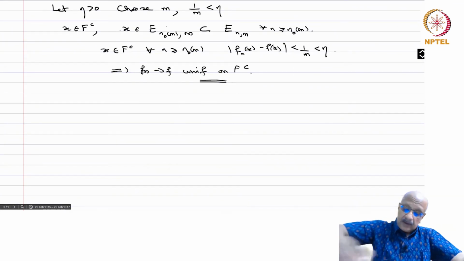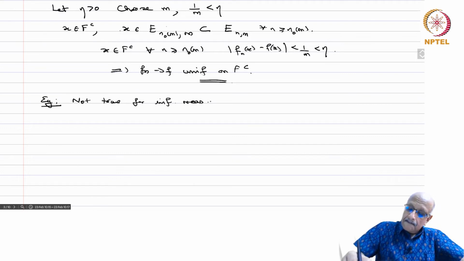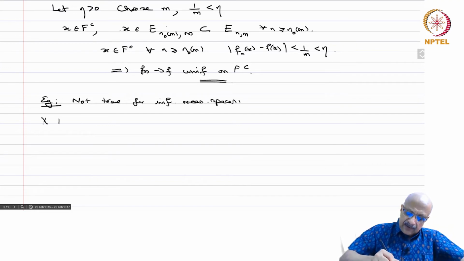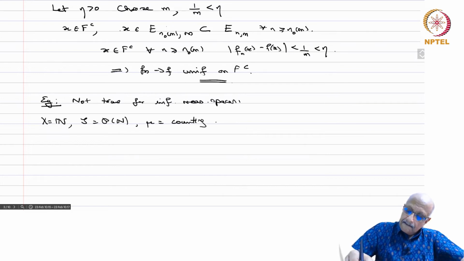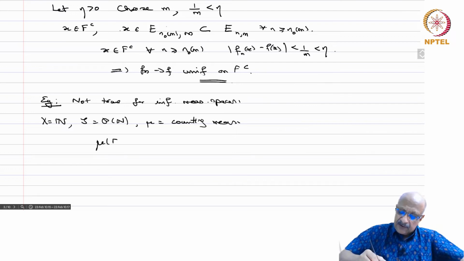Egorov's theorem. So, example: not true for infinite measure spaces. Let us take X equal to the natural numbers, S equals the power set of X, and mu equals counting measure. So what do you mean by saying mu of F less than epsilon?